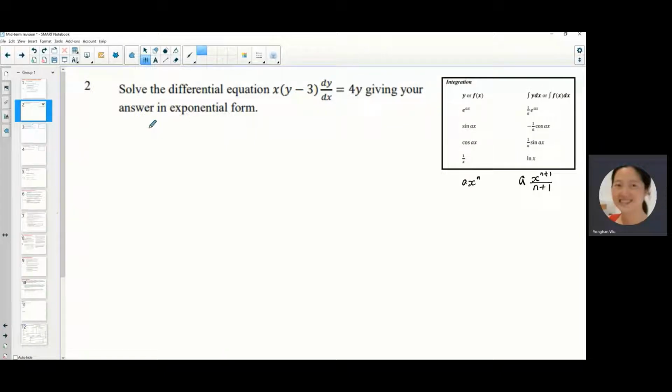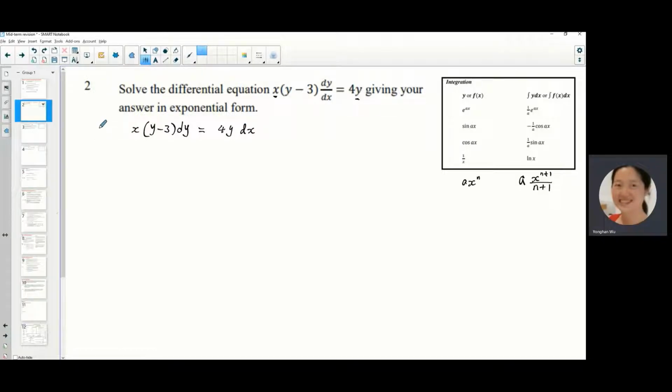Let's keep all the y's on the left side, y minus 3 dy. And if I'm multiplying by dx, that makes the right side have the dx. I don't want the x on the left side, and I don't want the y on the right side.